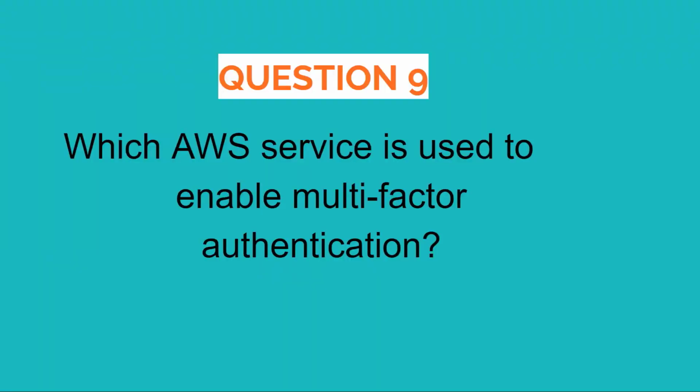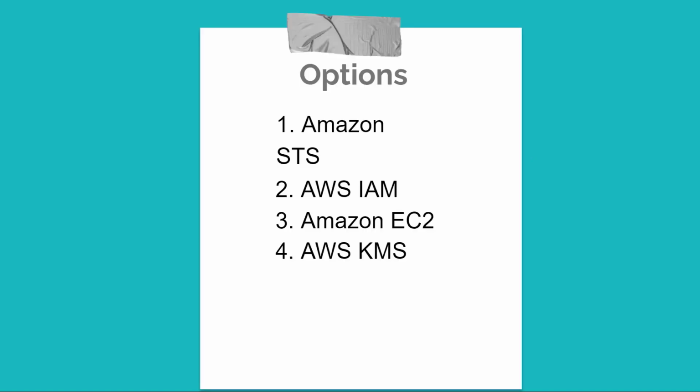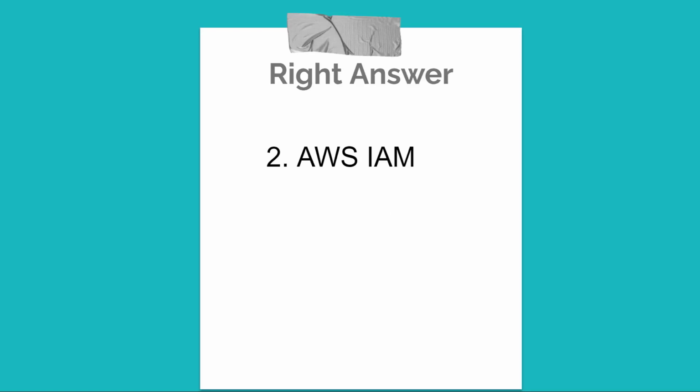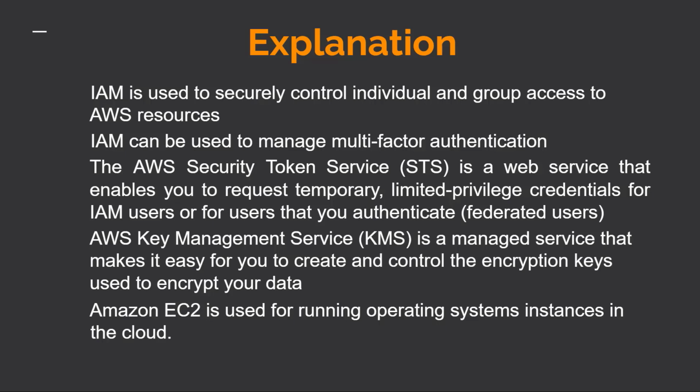Question. Which AWS service is used to enable multi-factor authentication? Option 1. Amazon STS. 2. AWS IAM. 3. Amazon EC2. 4. AWS KMS. Right answer is 2. AWS IAM. Explanation. IAM is used to securely control individual and group access to AWS resources. IAM can be used to manage multi-factor authentication.